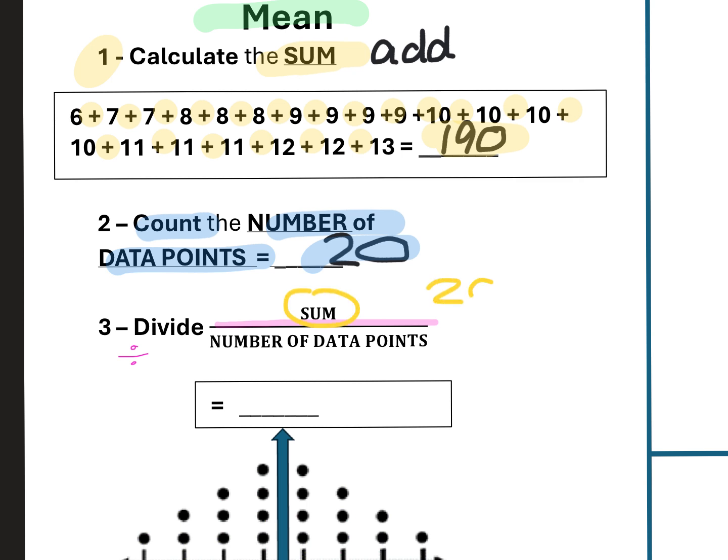So in this case, we're going to take 20, and we're going to divide, just joking. We're going to divide 190, because that's what I got for the sum. And we're going to divide it by 20, because there are 20 pieces of data. And so our mean, in this case, is 9.5.